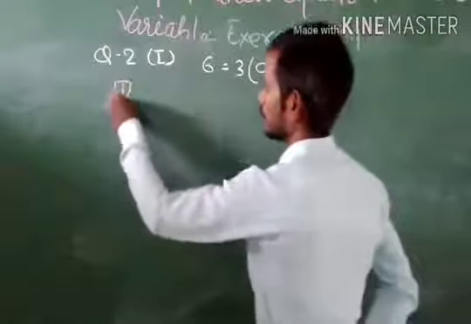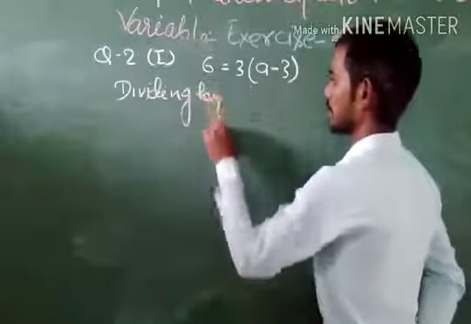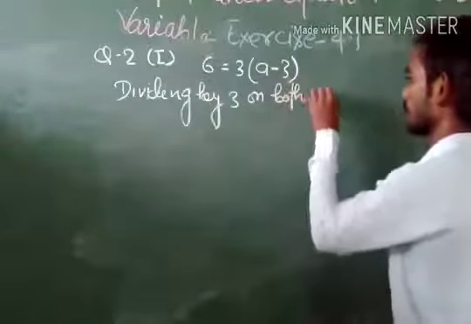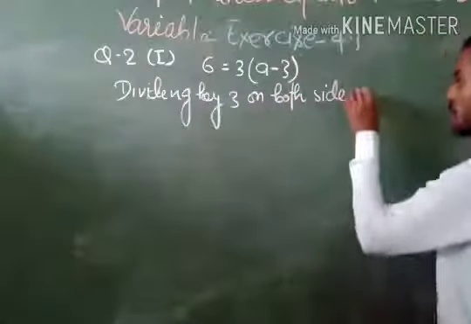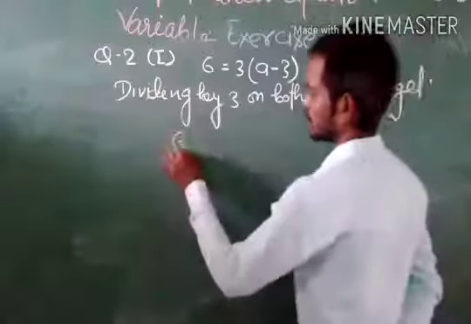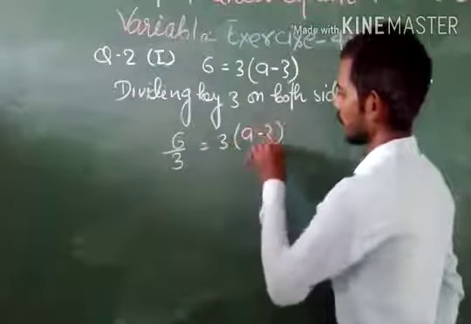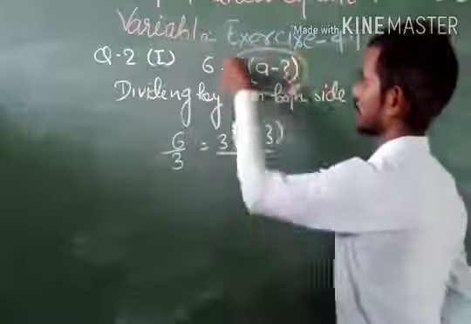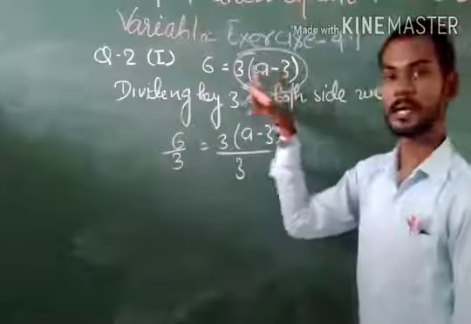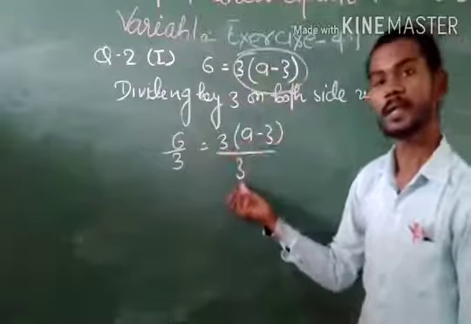So, dividing by 3 on both sides, we get 6 upon 3 is equal to 3(a minus 3) upon 3. This is a single quantity, because (a minus 3) is multiplied by 3. That is why it becomes divided by 3 like this.